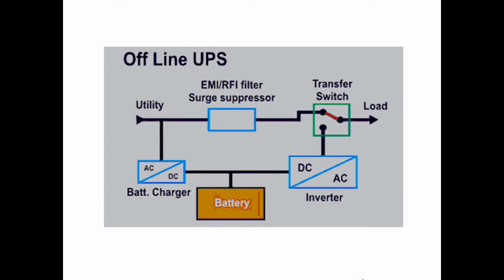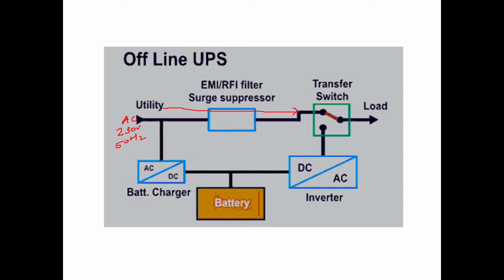So in offline UPS also, you will see that the AC mains is given here, that is your 230-volt, 50 hertz supply. It is given through a filter to the load directly.